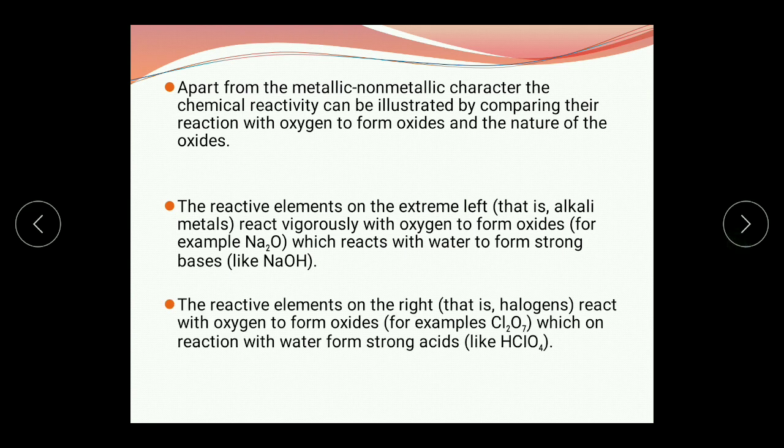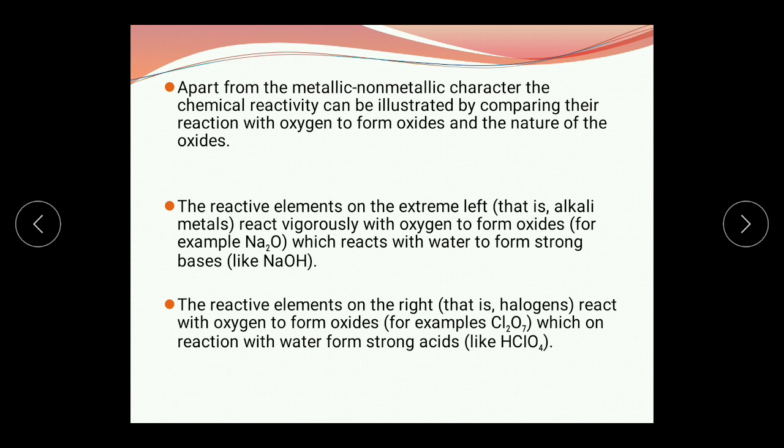Now take the elements on the extreme right, that is halogens. They also react with oxygen to form oxides. For example, the oxide of chlorine, Cl2O7, on reaction with water forms a strong acid, HClO4, perchloric acid. It is not HCl. Chlorine oxide can form a variety of acids, out of which one is HClO4, which is a strong acid.